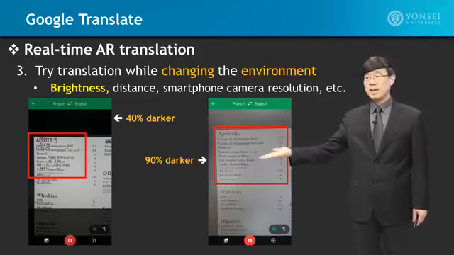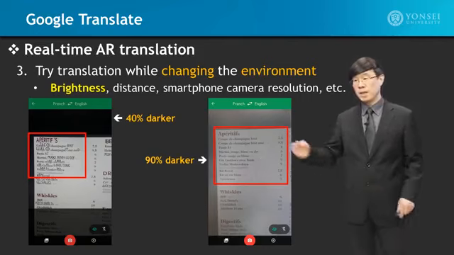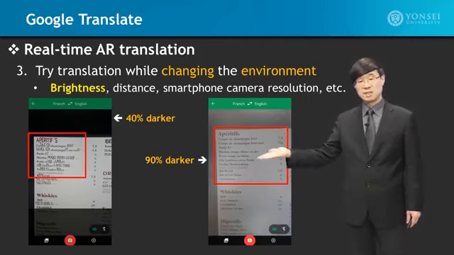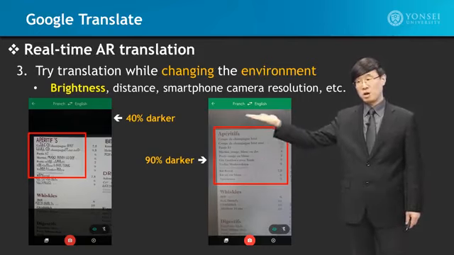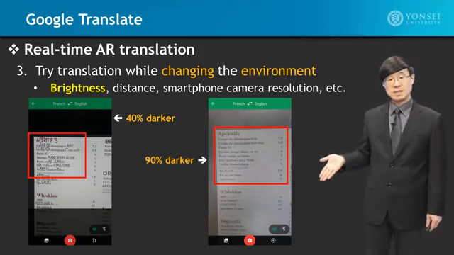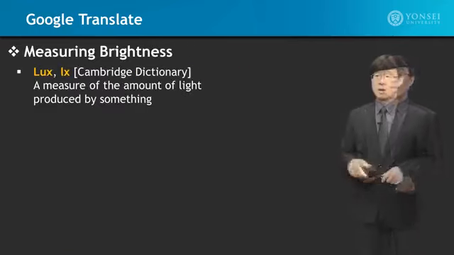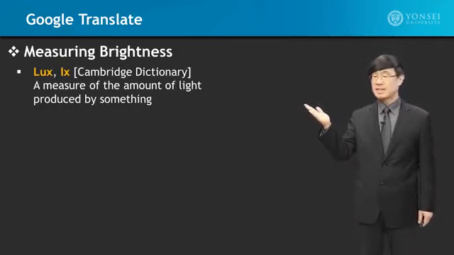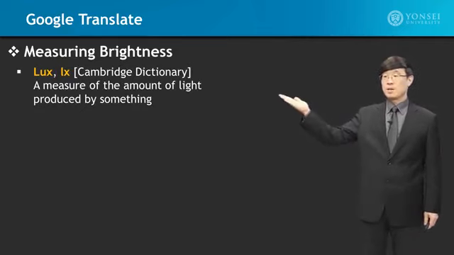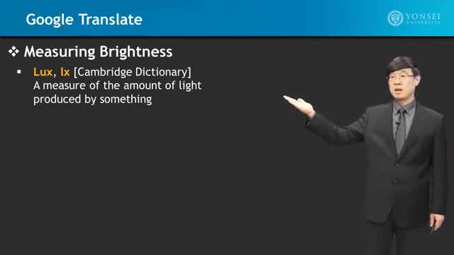The one experiment that I definitely want you to go through is using the darkness levels. We're making it darker and even darker in this example. The measurement of brightness is not a simple thing. The basic unit is lux, which is a measure of the amount of light produced by something.